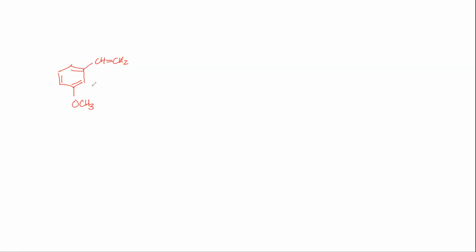If you think about the meta substitution, putting this group on the ring, that looks like either an R group or a benzene ring group with a double bond. So that group is going to be an ortho-para director.